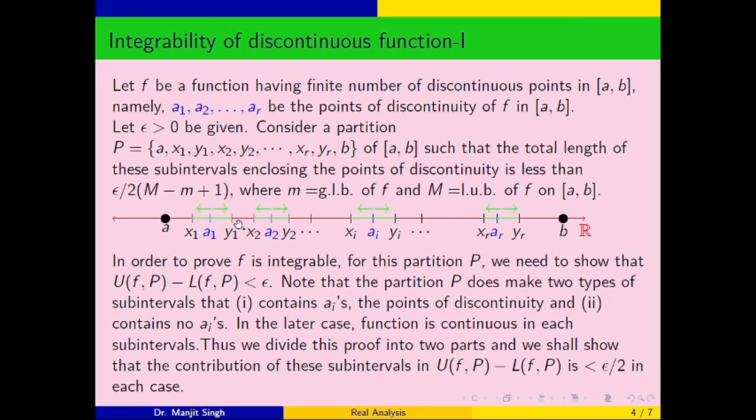In the same way, y1 x2 contains either no point of discontinuity or a finite number of points of discontinuity, and this interval contains an infinite number of points of discontinuity with the limit point a2. In the same way we can write: a1, a2, ar are limit points of the set of points of discontinuity.